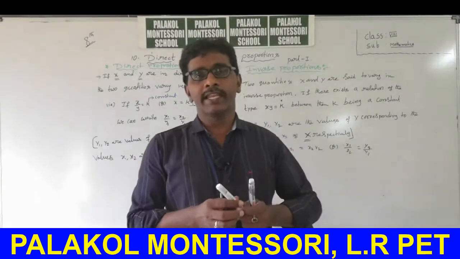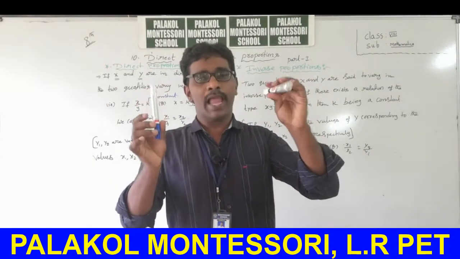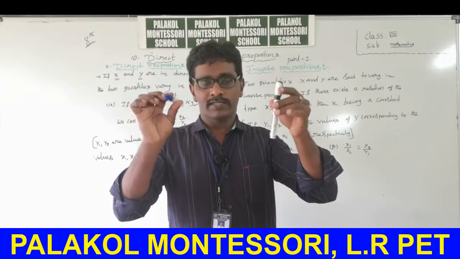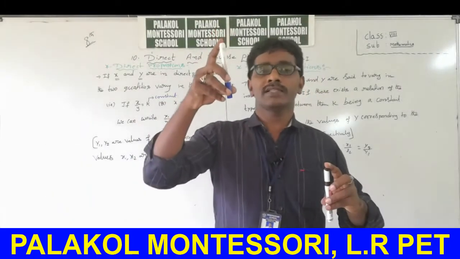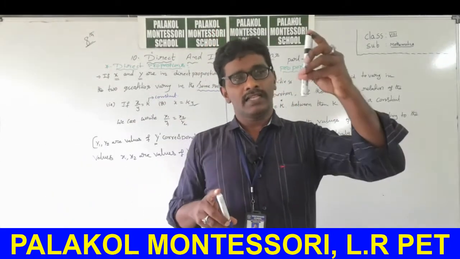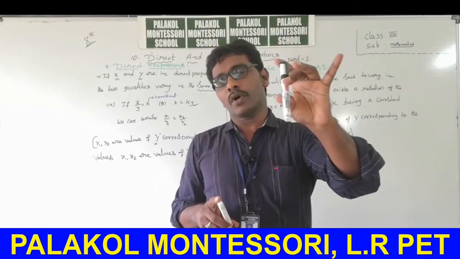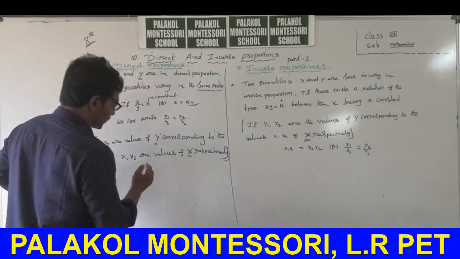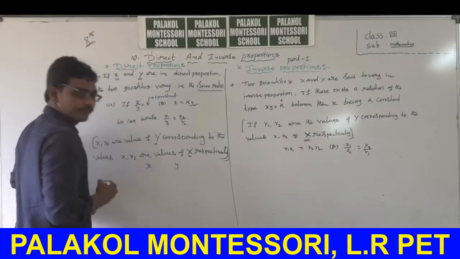Guys, first I take two quantities. This is a black marker, this is a blue marker. These two quantities are there. Suppose the blue marker is x, and simultaneously I take the black marker as y. So how many markers did I take? Two markers. One is x, another one is y.